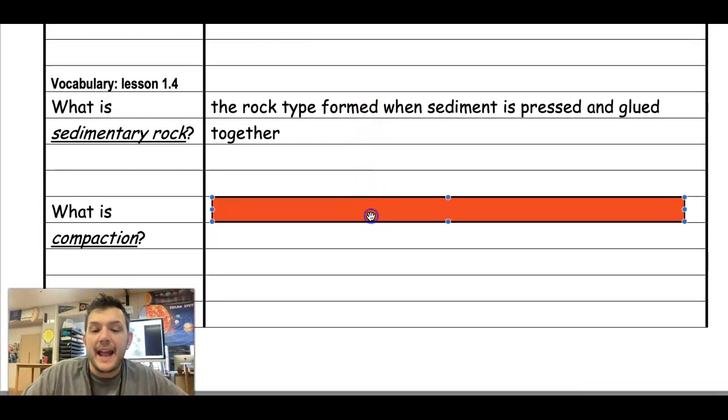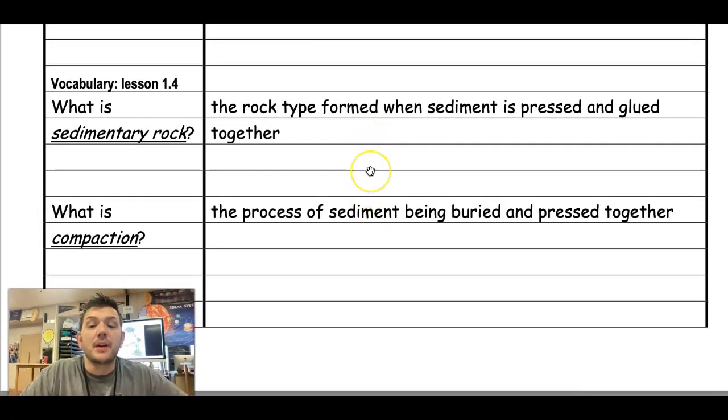Now, what is compaction? Compaction is just the process of sediment being buried and pressed together. So the little pieces of rock that have been broken off through weathering and erosion get put somewhere, and with enough heat and pressure underground, they get smushed, and now you have a sedimentary rock.